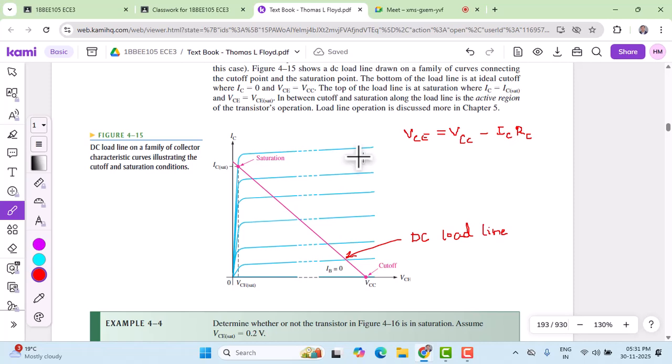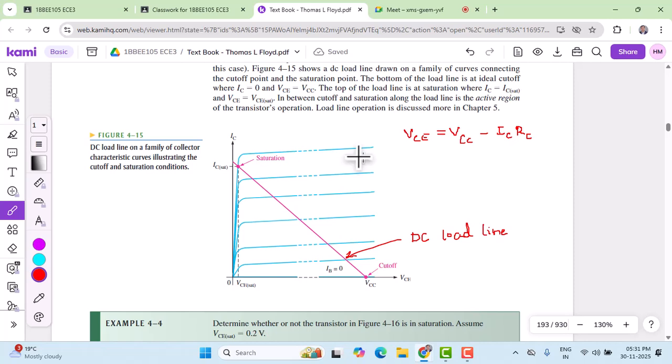Let us solve the problem step by step and try to answer the question asked here. Now let us determine the IC saturation. We already know the equation of VCE. I will rewrite it once again. Just now we have derived it by applying the KVL. VCE equals VCC minus IC RC.